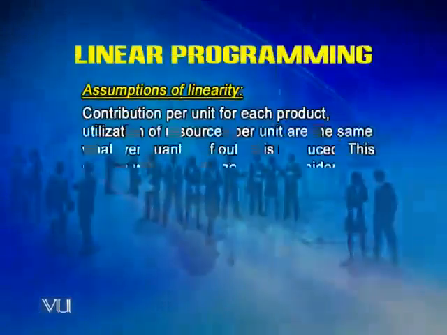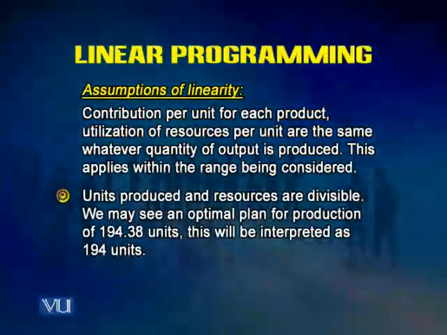The other assumption is units produced and resources are divisible. We may see an optimal plan for production of 194.38 units, for example. This will be interpreted as 194 units. The next assumption is that the units are divisible.